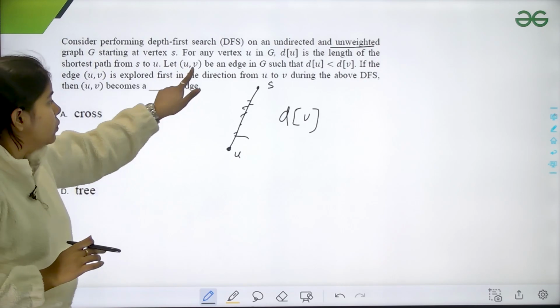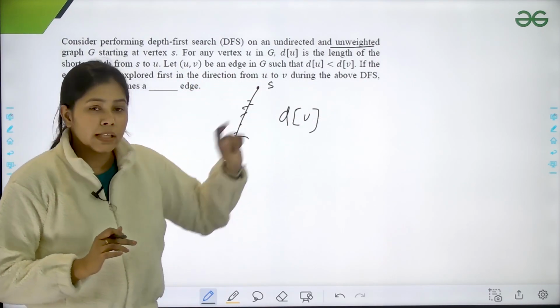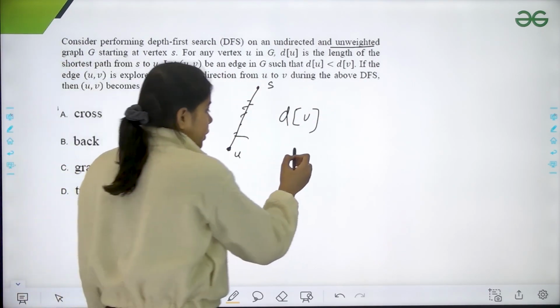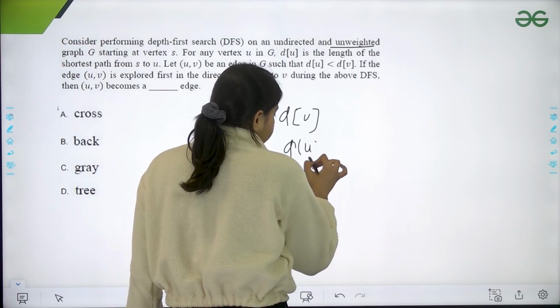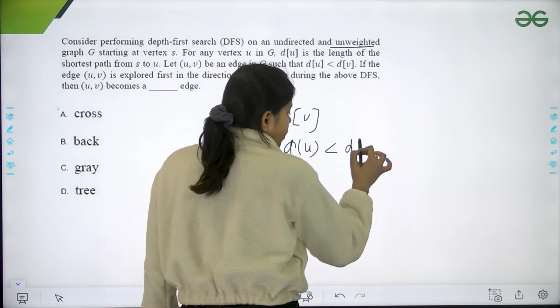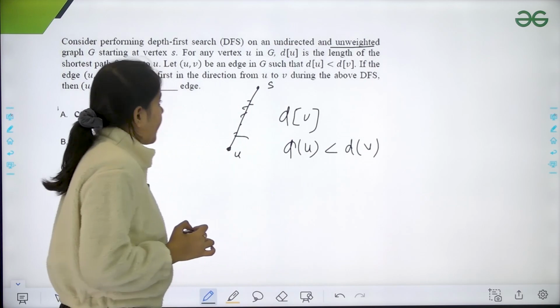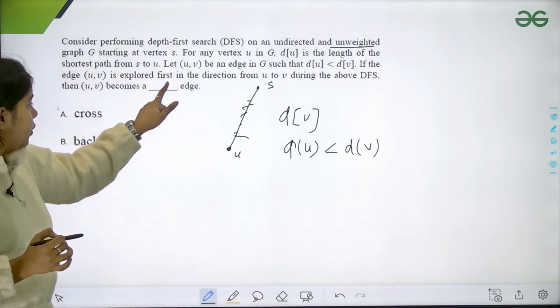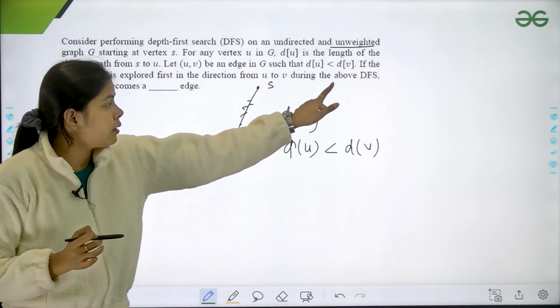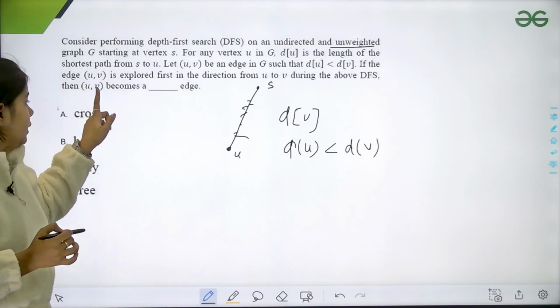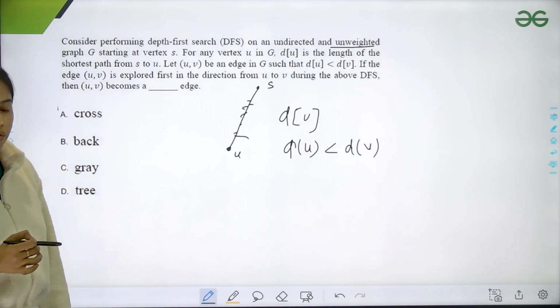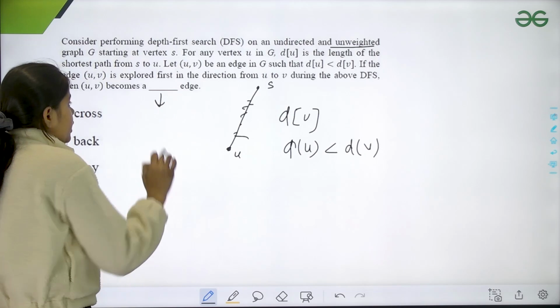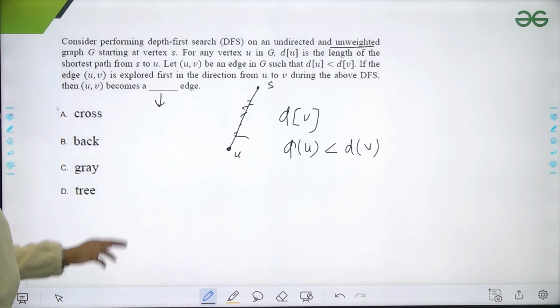And they are saying that U comma V is an edge in G such that D of U is less than D of V. If the edge UV is explored first in the direction from U to V during the above DFS, then U comma V becomes a dash edge. So we have to tell what kind of edge U comma V becomes.